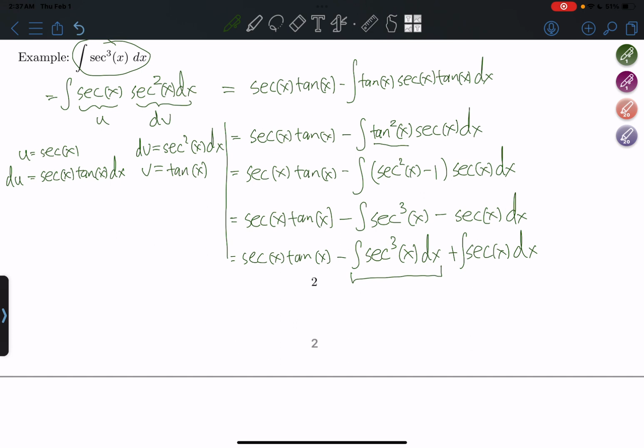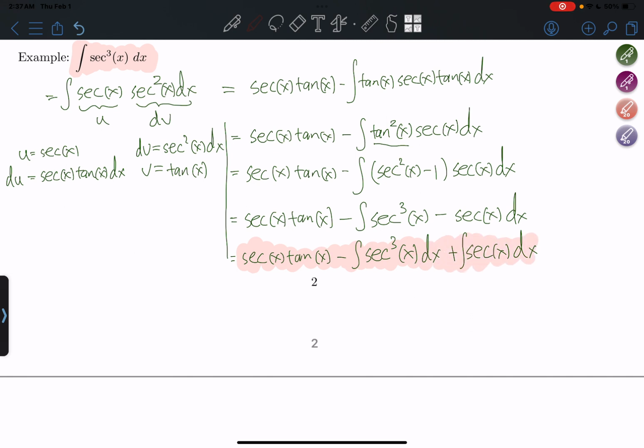So this is the situation I'm in. If you trace what we did so far, we started from here, and after all of these equal signs, we end up here.